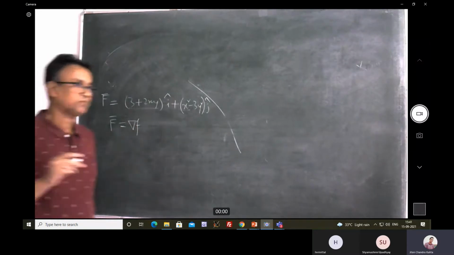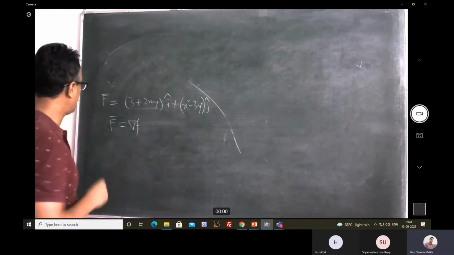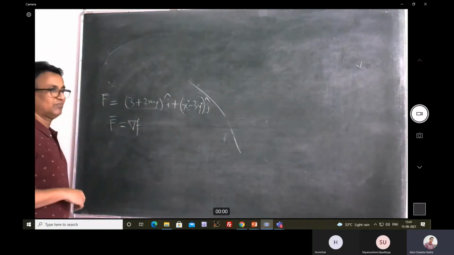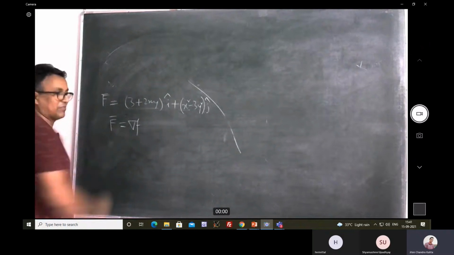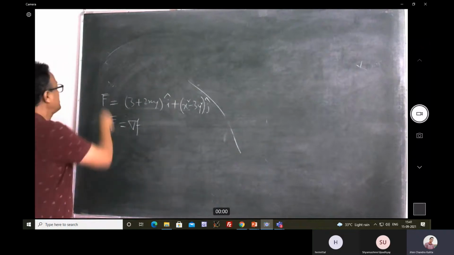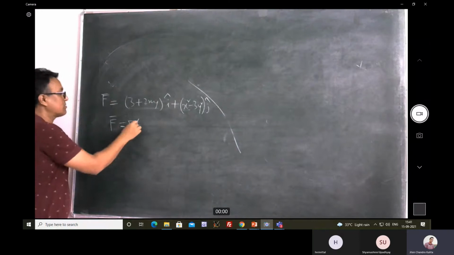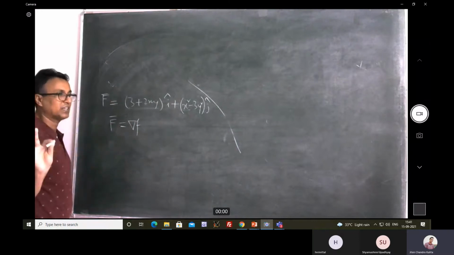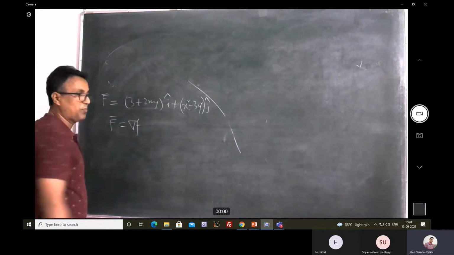We will see later what utility we get from expressing capital F as a gradient, but let us first find small f.